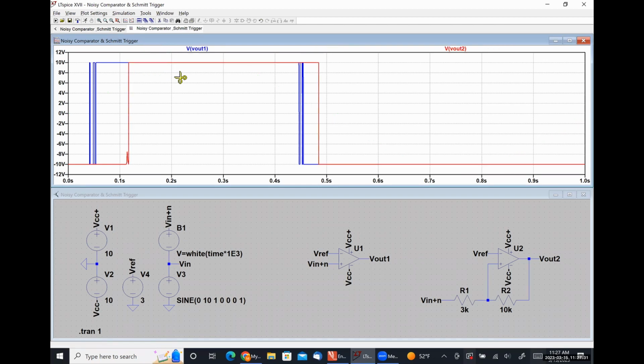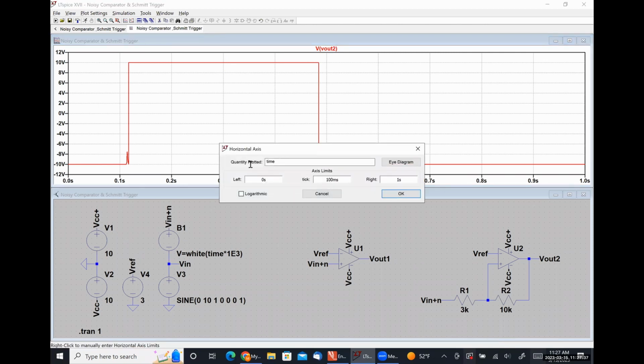So I'm deleting my input signal because we don't need that. And I'm deleting this because that's from the comparator. And what I'm going to do right now is change my quantity plotted from time to just my input voltage, which in this case will be the voltage at Vn plus N. So I'm still including the noise in here for whatever reason.